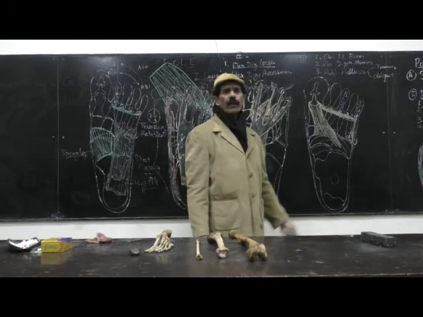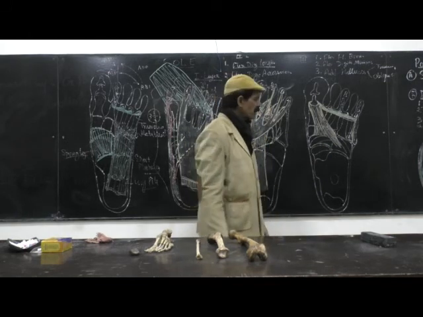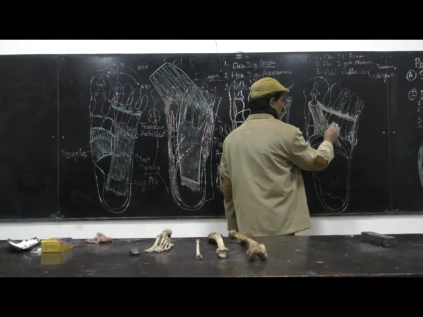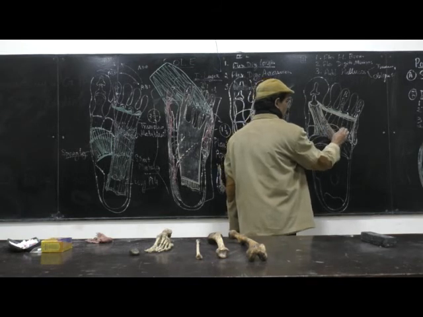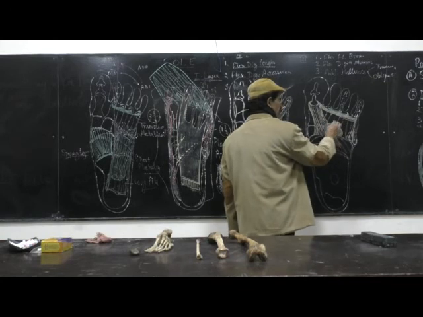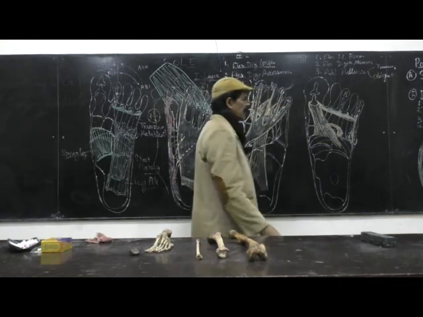The second is the oblique head of this Adductor Hallucis, which will take origin from the bases of the second, third and fourth metatarsals, by a semicircular origin.